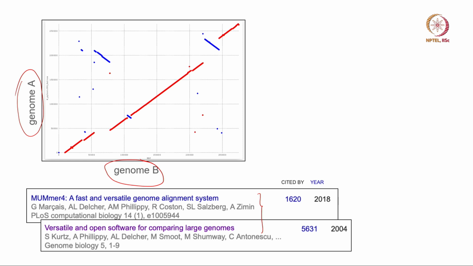It will also reveal the structural variation and rearrangements between these genomes. So, for example, you can see in this example there are some structural changes that have happened between genome A and genome B. Similarly, there is another structural rearrangement shown in this genome A versus genome B comparison. So, such methods can enable fast comparison between large genome sequences, and this is where you can see maximal unique matches being useful.